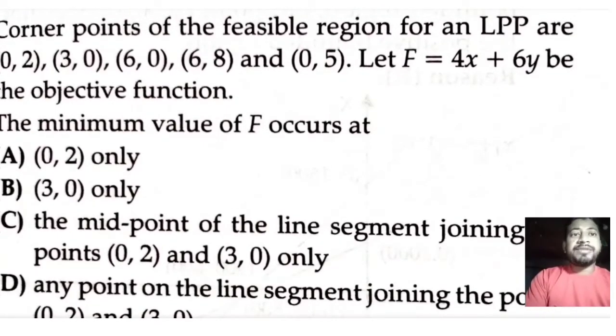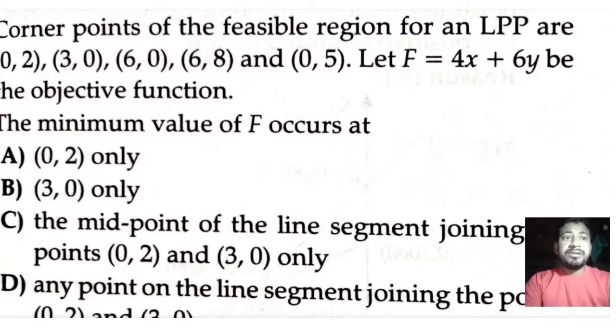Corner points of the feasible region for an LPP are (0, 2), (3, 0), (6, 0), (6, 8), (0, 5). Let f equal 4x plus 6y be the objective function. Find the minimum value of f.